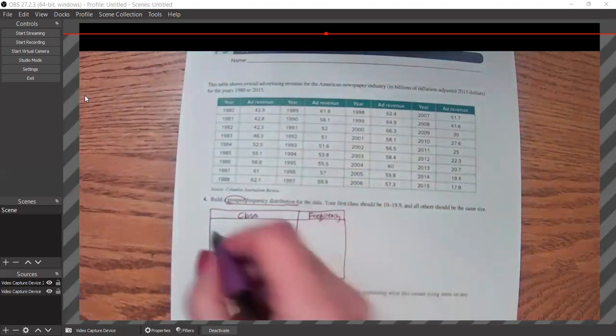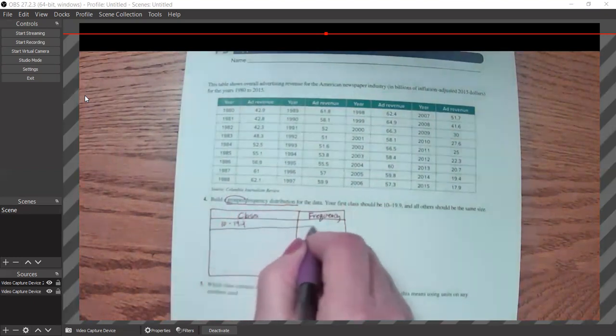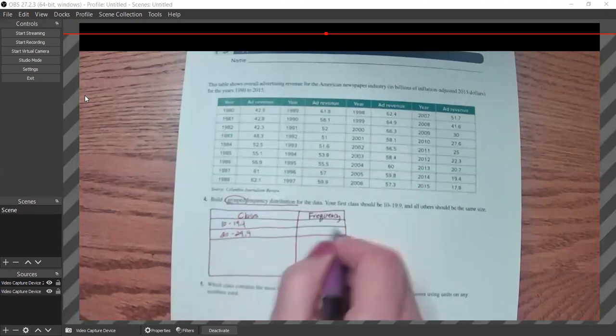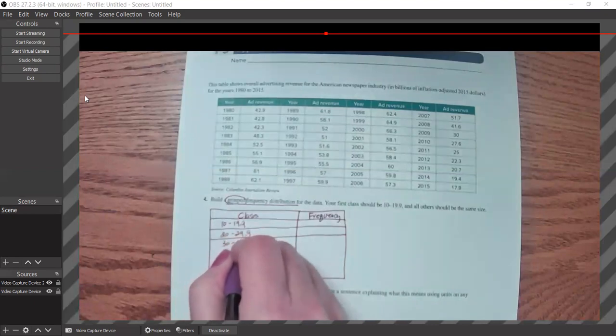So they told us the first one is from 10 to 19.9 billion. So the next one's going to be from 20 to 29.9 billion. And then we're going to have 30 to 39.9 billion.